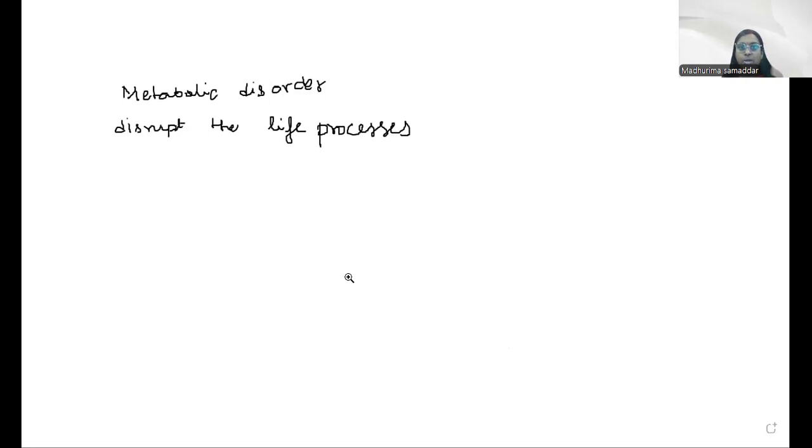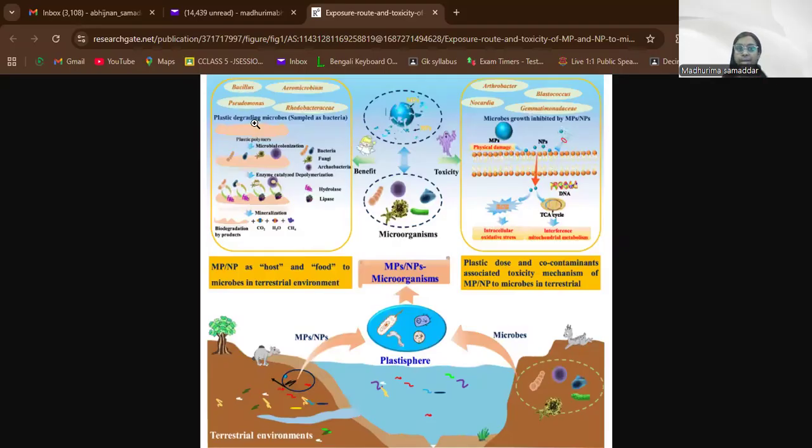Here you can see, as I already told, there are different microorganisms undergoing colonization with the plastics, releasing the enzyme causing its degradation and responsible for the formation of microplastic and nanoplastic, which is entering into the food chain in the aquatic ecosystem as well as in the terrestrial ecosystem, and including the human body, affecting human health.